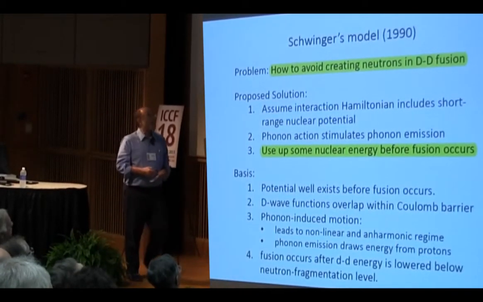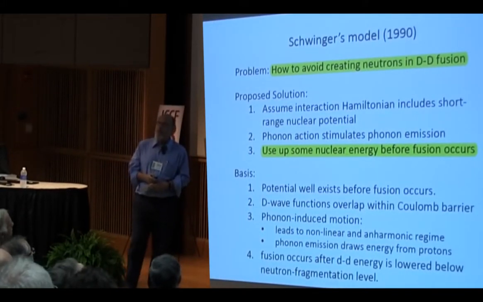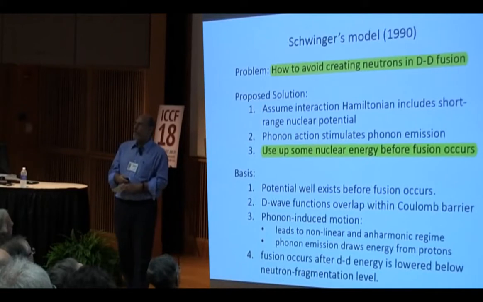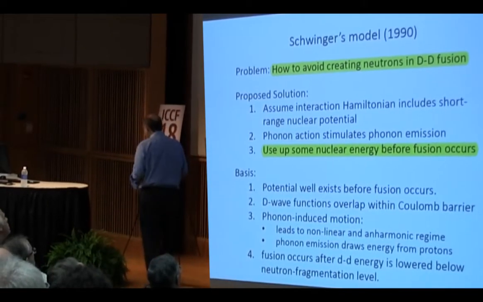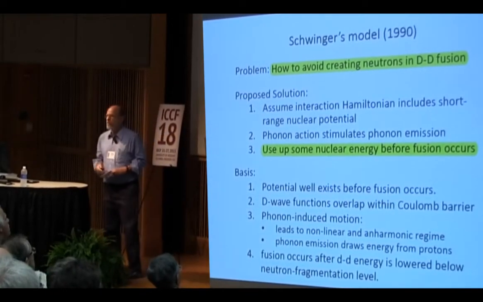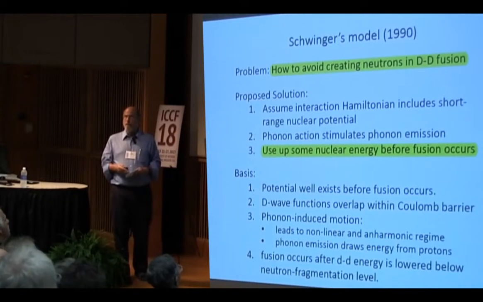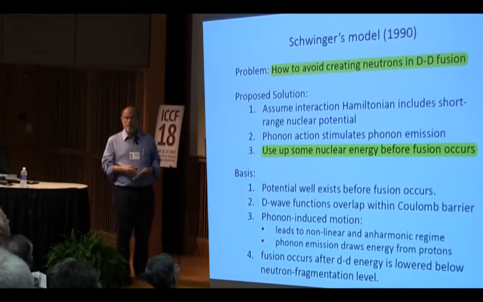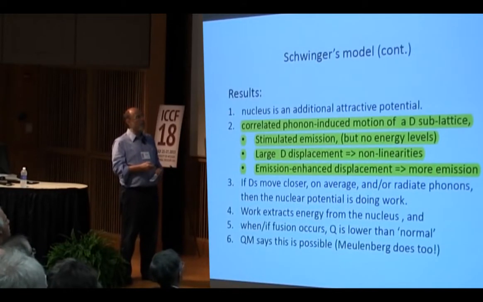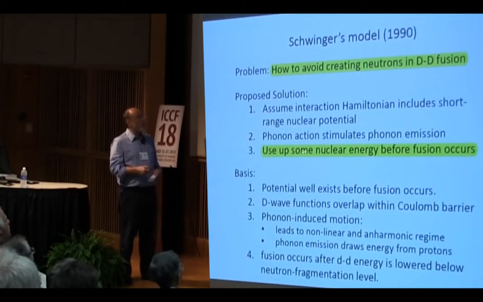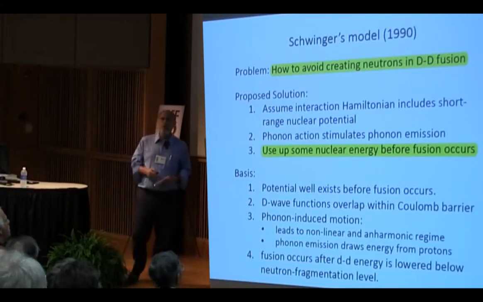So the problem that Schwinger was facing was how to avoid creating neutrons in the DD fusion. He already knew at that point that there weren't enough neutrons to account for things, and so he was looking at how you can account for that. He didn't know at that time that there also was a deficit of tritium. But he went ahead and proposed a model to use up some of the nuclear energy before fusion actually occurs.